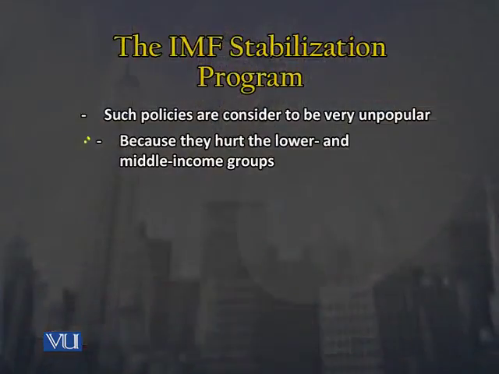People do not like the policies developed by IMF, or which the governments are asked to follow, because the stabilization program strategies we have discussed earlier, all these four things, eventually hit the lower income and the middle income class more.